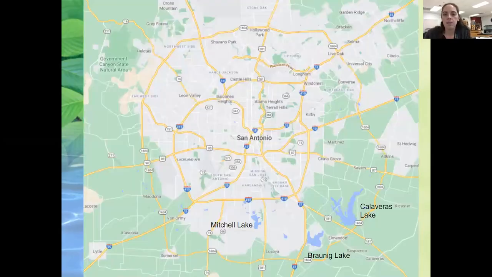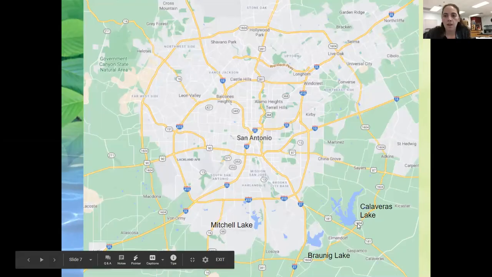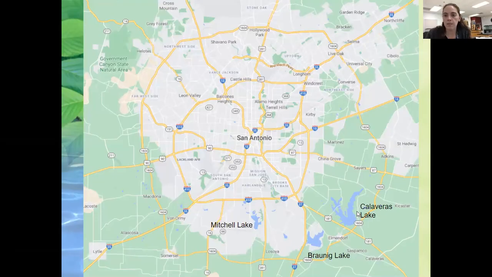So here in San Antonio, we've got our San Antonio River running through town. So that's going to be our lotic system. As far as lakes go, there are three large lakes around San Antonio. Braunig Lake and Calaveras Lake, these are both reservoirs.